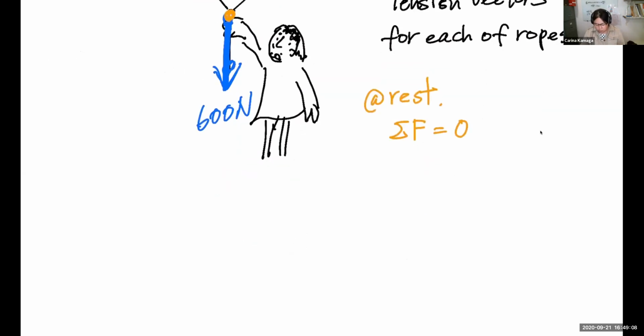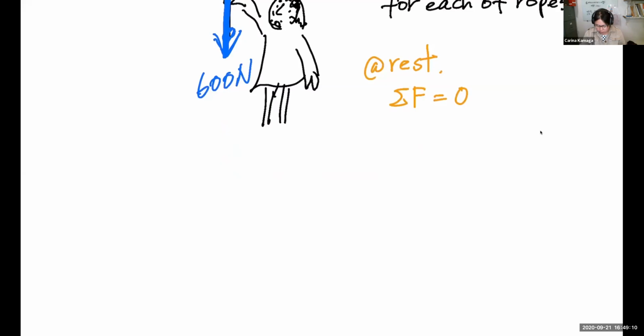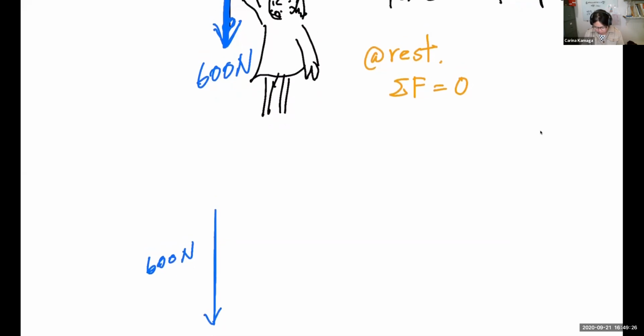So we know that this 600 Newton is her gravitational force, plus two tension forces.